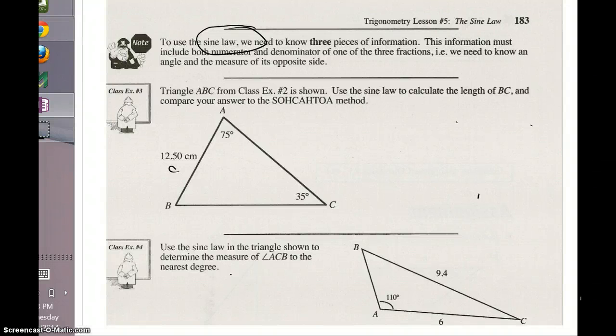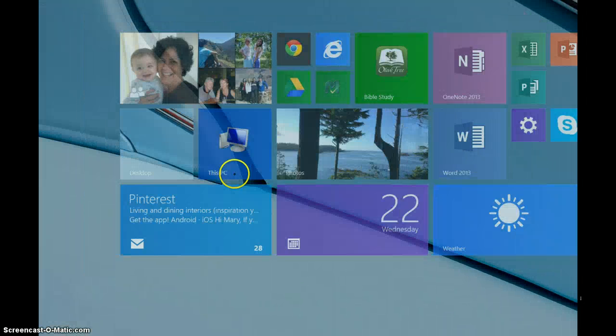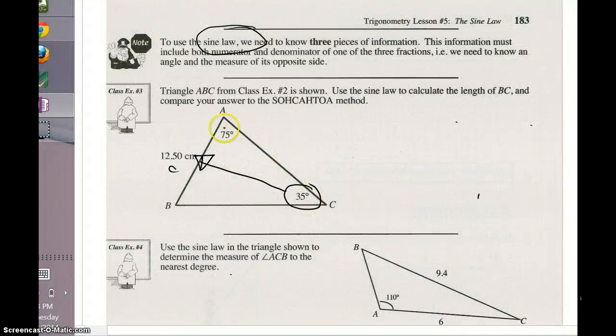I, at this point, have this angle, C, and I have the corresponding side to it. That's great, I need to have that. This angle, I don't have the corresponding side, but that's okay. As long as I have one that has an angle and a corresponding side, then I can use this new law called the sine law.